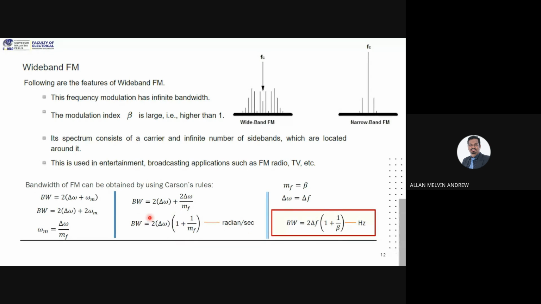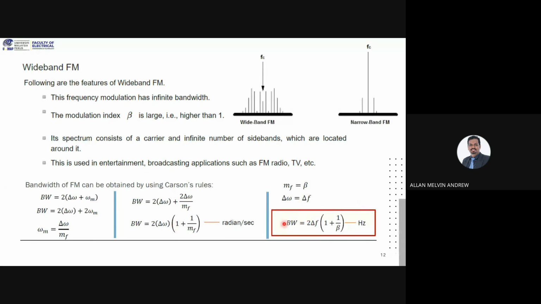So in this form, once you solve it, the changes in omega, 1 plus 1 over the modulating frequency. Okay, so if you change it, the modulating frequency is actually the modulation index. The changes in omega is actually the changes in the frequency. So you can replace this information inside this formula in order to get this formula.